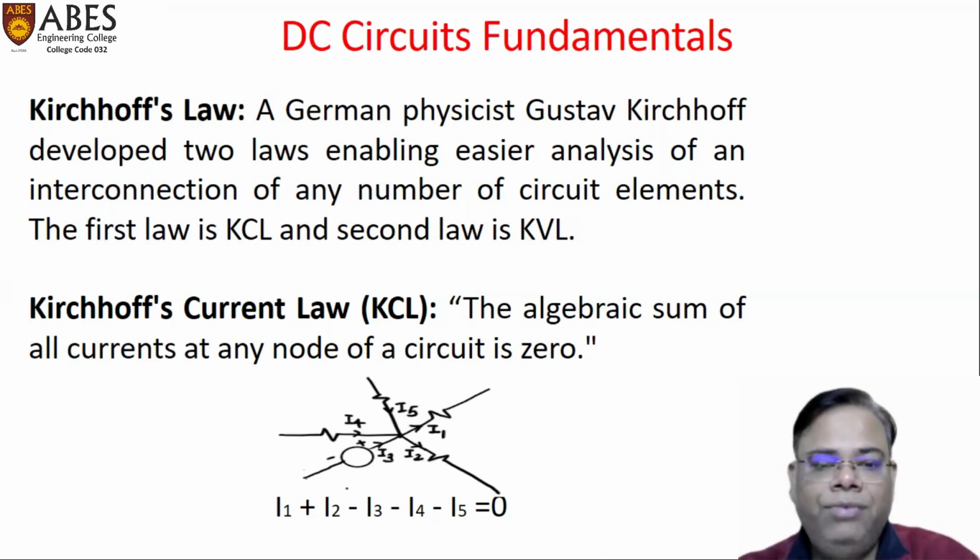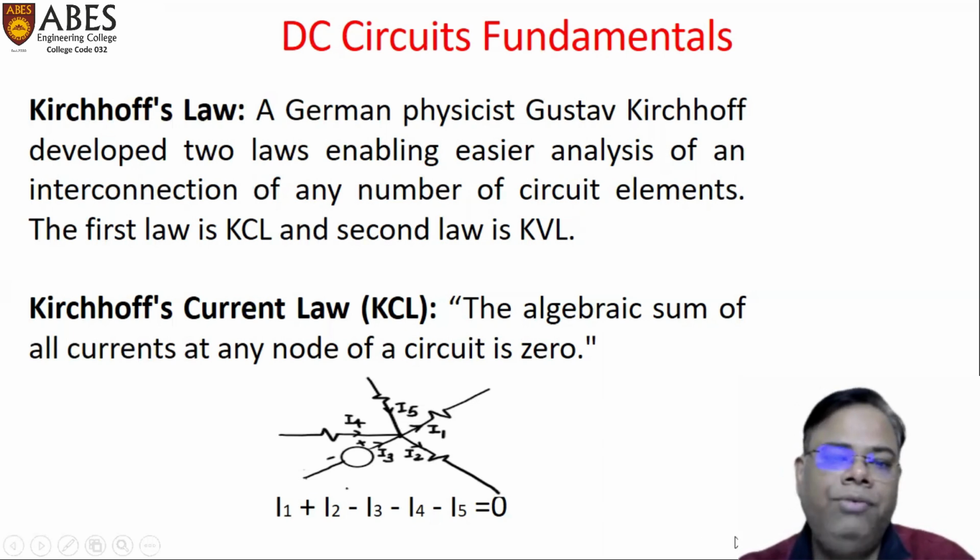That's why we have taken in this expression I1 plus I2 minus I3 minus I4 minus I5 is equal to 0. I1 and I2 are the outgoing currents and I3, I4, I5 are the incoming currents. That's why we have taken I1, I2 as positive and I3, I4 and I5 as negative.